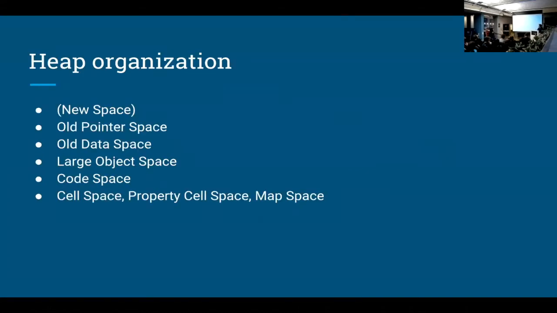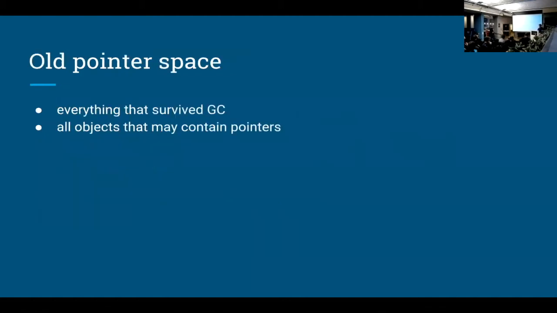New space, old pointer space, we go through them one by one. The old pointer space: every object that has a pointer inside it, so an object that refers to another object, like a nested object, comes to this place.